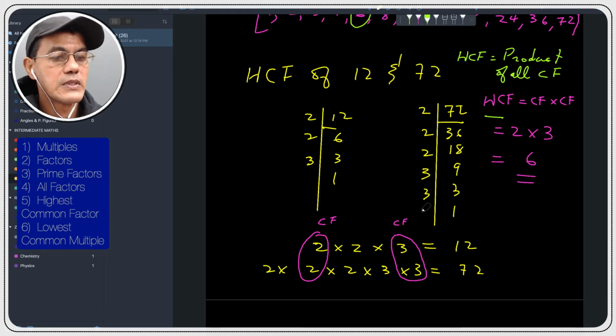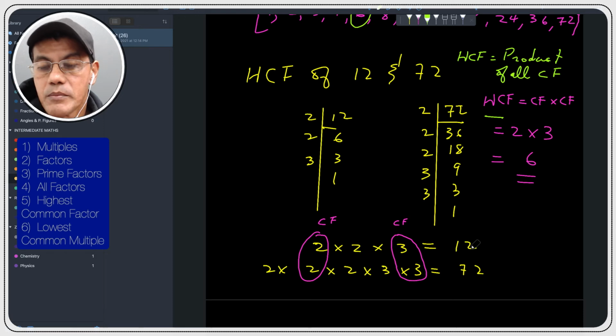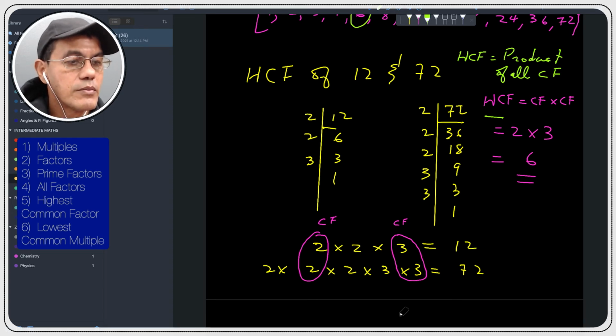Right, so that's that. Next, lowest common multiple. And again, mind you, this is a really good method. If you know this, it will also help you in your exam, right? So please learn this.